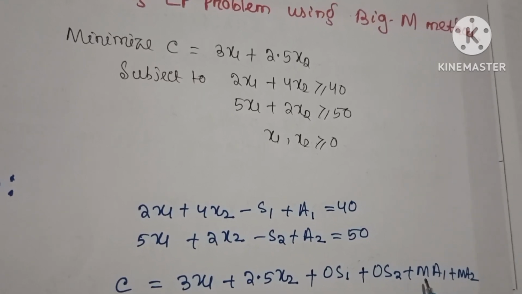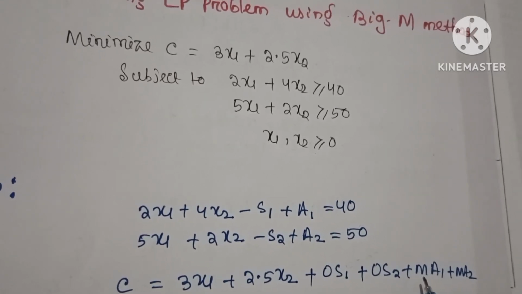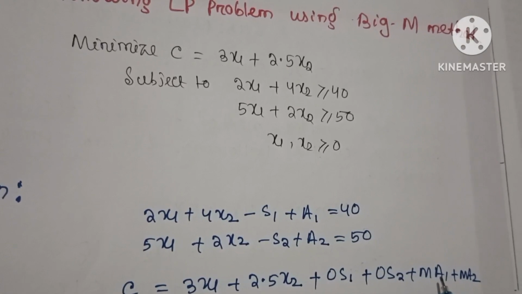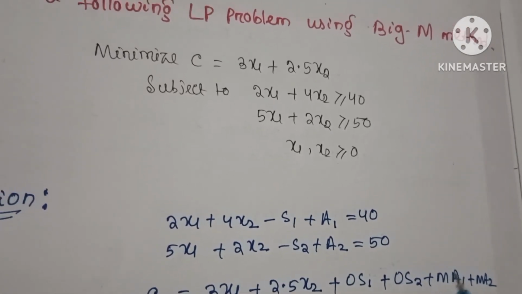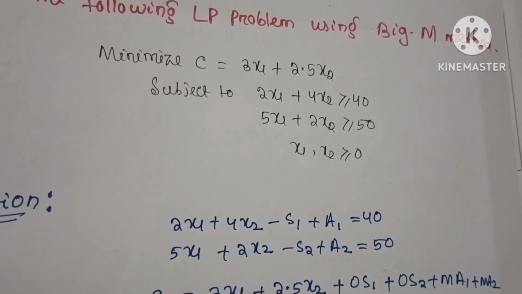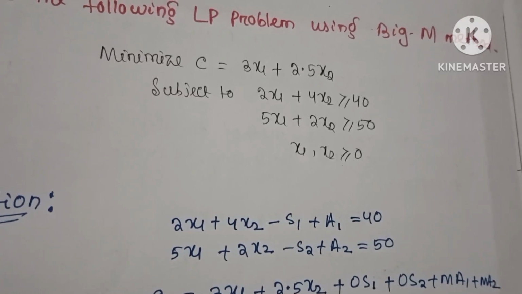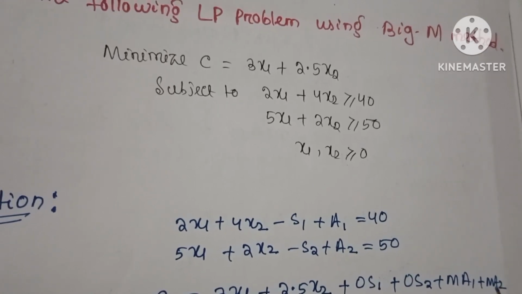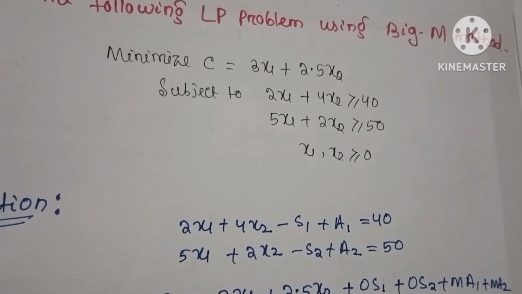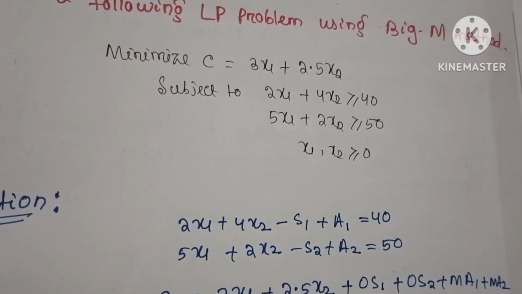Here M represents a number higher than any finite number, so it is called Big M. One thing you have to keep in mind is that for minimization we assign a positive M as the objective function coefficient of the artificial variable.